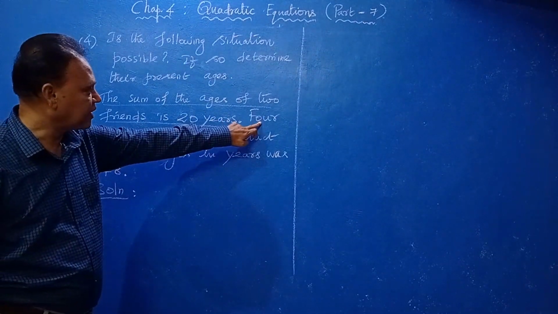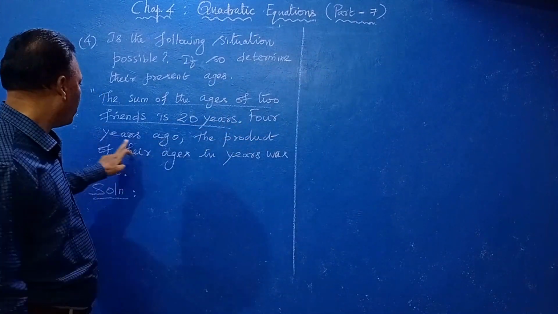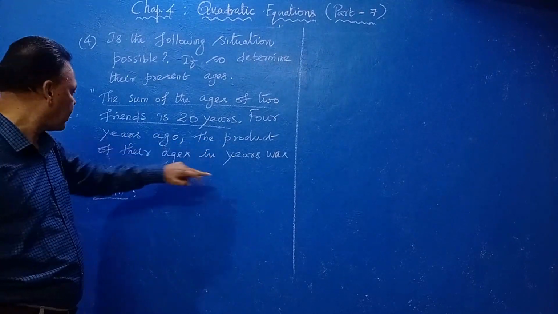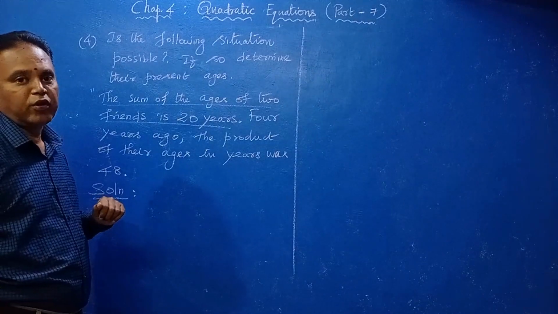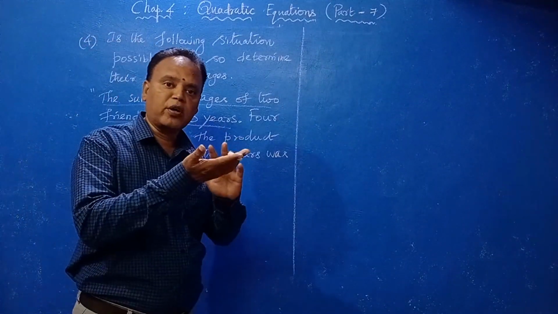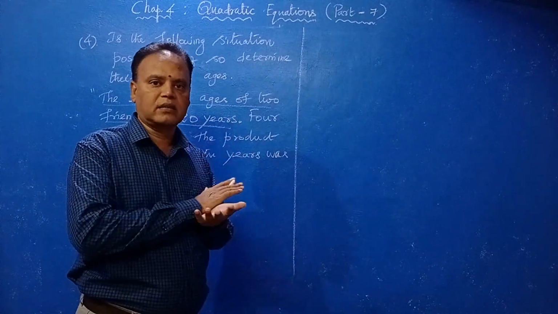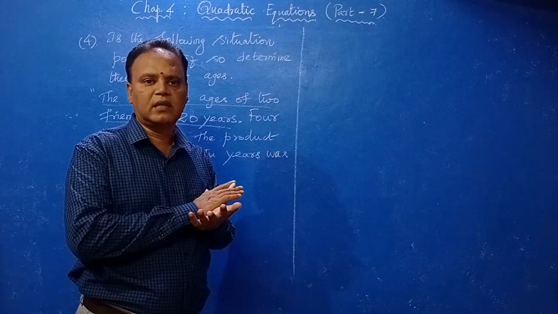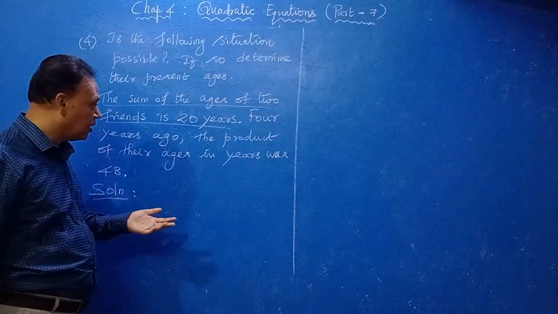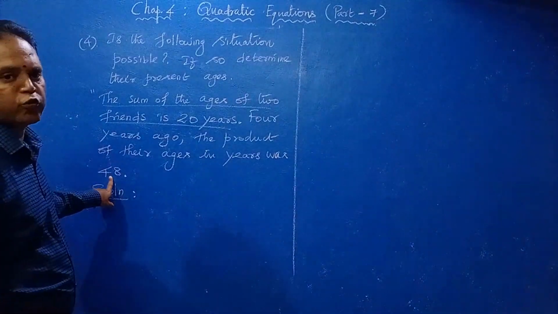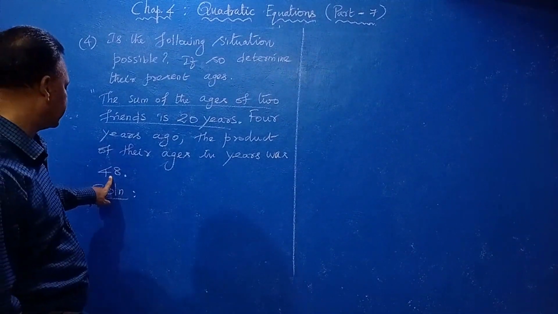After that, one more condition is given. 4 years ago, the product of their ages in years was 48. 4 years ago means you have to go 4 years back. Clear? From both present ages you have to subtract 4, then take the product, and you should get 48. That condition you have to use.